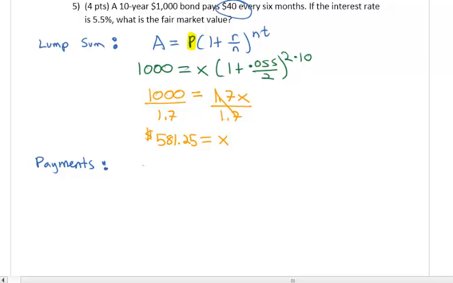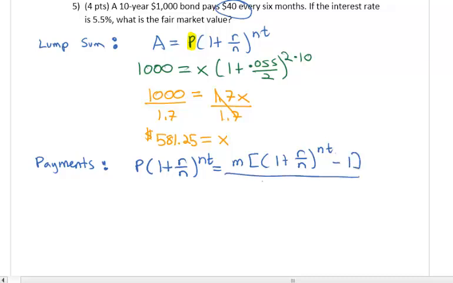It is a loan formula, which is P times (1 plus r over n) to the nt equals the regular payment times ((1 plus r over n) to the nt minus 1) all over r over n. And so when we plug in, we're looking for, again, the present value of the payments. That's what we're looking for.